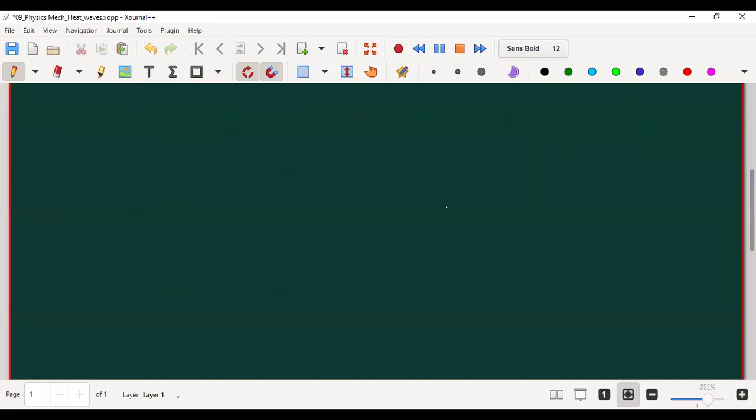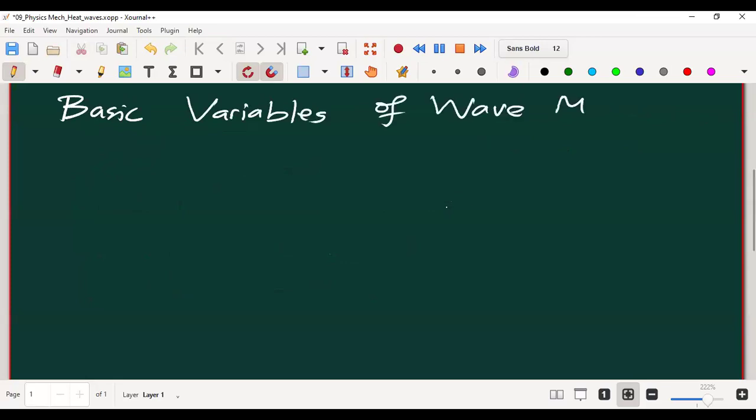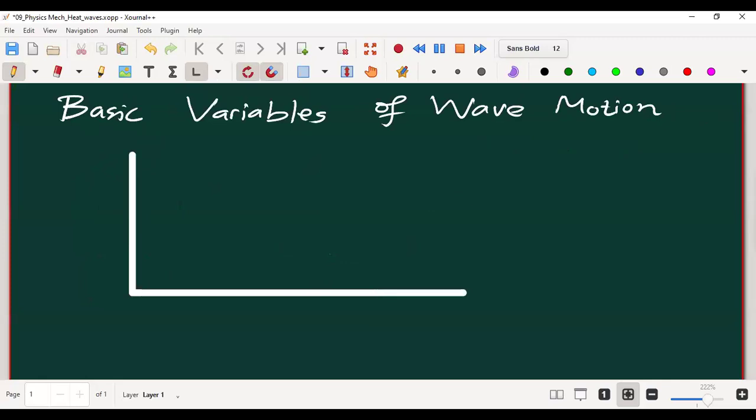So these are the basic variables of wave motion. Imagine that we have a string at x and y coordinates. For example, we can draw like this.